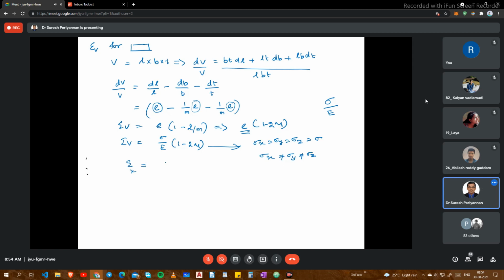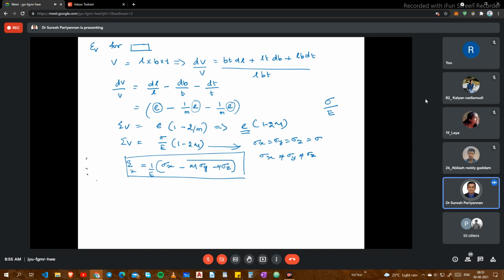Now, E is common, a material property, homogeneous in all directions: sigma x minus mu into sigma y minus mu into sigma z. Okay. Now this is for the three-dimensional volumetric strain.